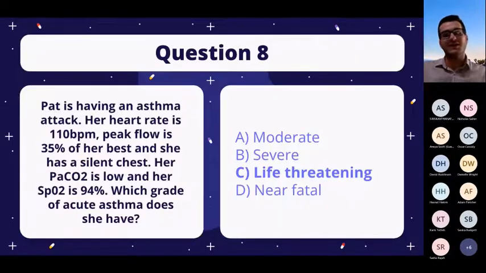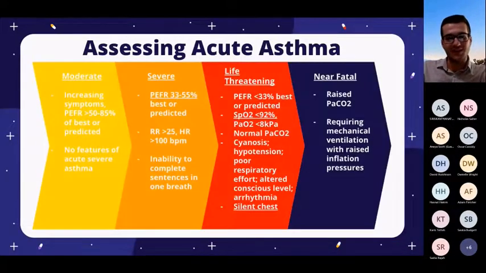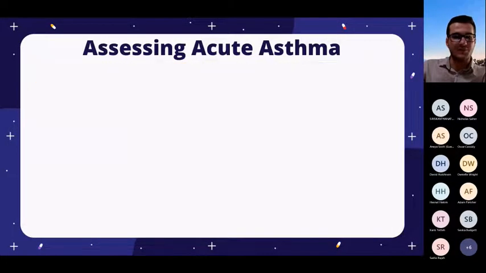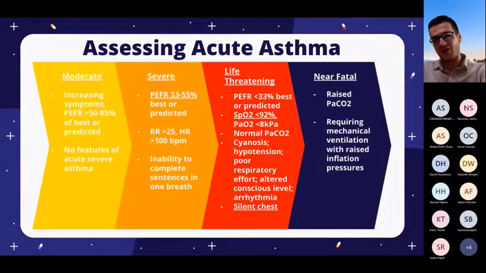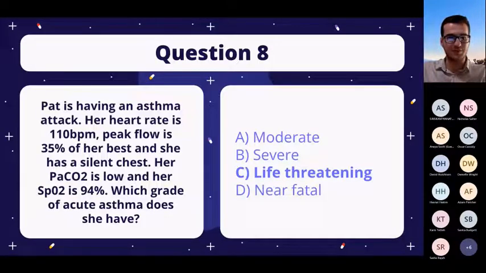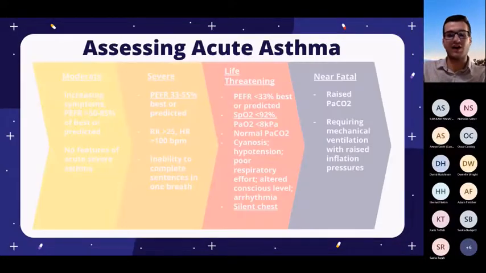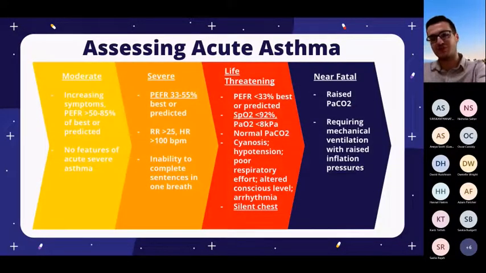So here we've got a lot of features of a severe asthma attack. We've got a high heart rate above 100 beats per minute. We've got a peak flow of 35%. That's in the range of severe rather than life-threatening, which is below 33%. The oxygen sats are not below 92%, so that's not in the life-threatening category.